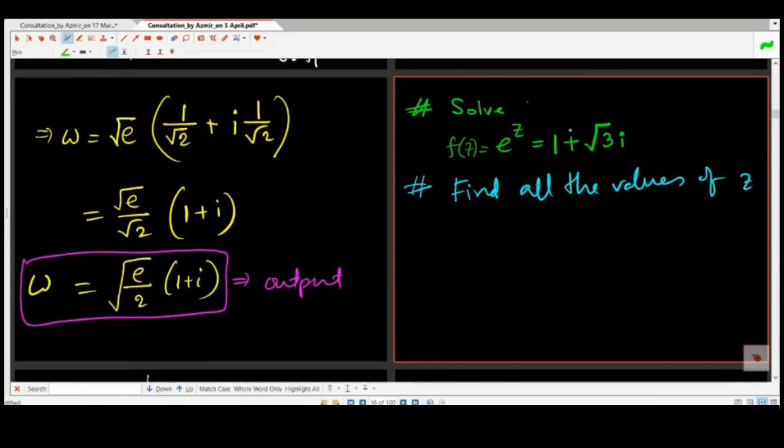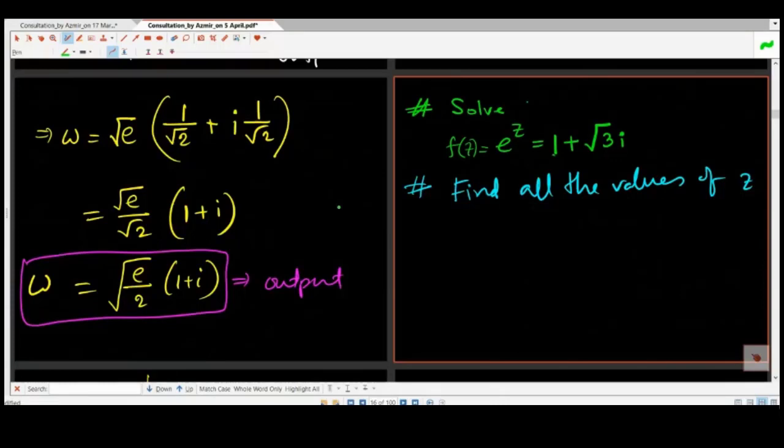How many outputs do we have? We have only one output, 1 plus root 3i. But for what values of z do we have this output? We need to find that.